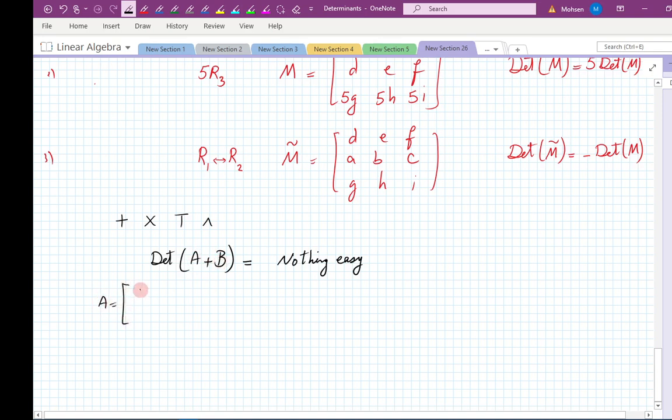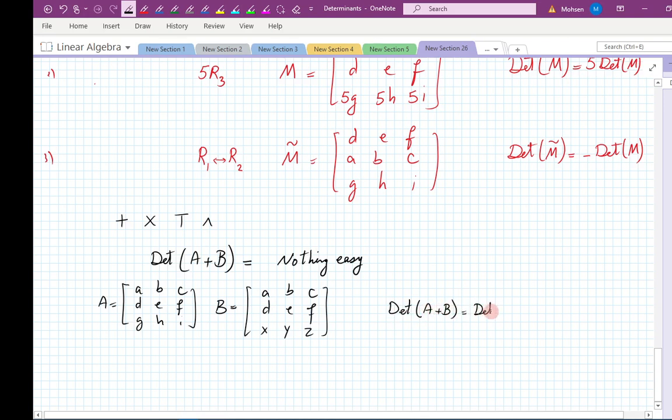Like A is, again, A, B, C, D, E, F, G, H, I. And B is A, B, C, D, E, F, and this is say X, Y, Z. If everything except one row or one column is identical, yes, what you would like to think is true: in that case, you can say determinant of A plus determinant of B. That's really trivial by expansion on the third row, it doesn't really say anything. So in general, we can't do anything.